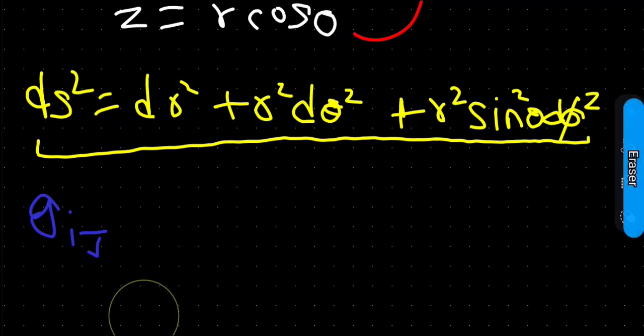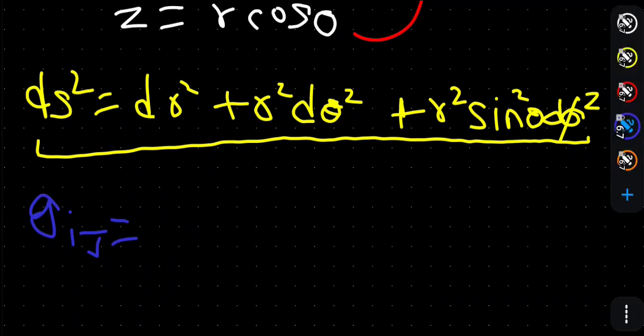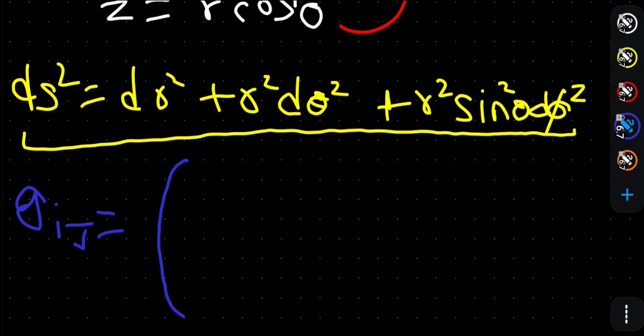It is equal to some components. I'm going to write out the components in the form of polar coordinates. First row: g theta theta, g theta r, and g theta phi.